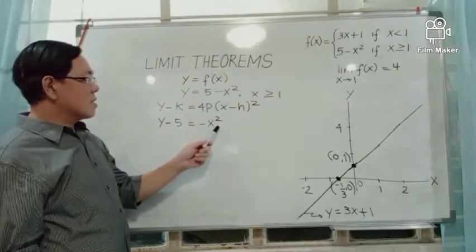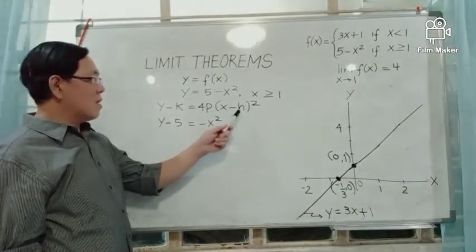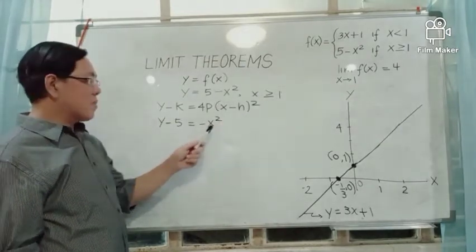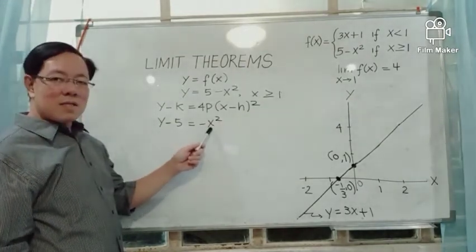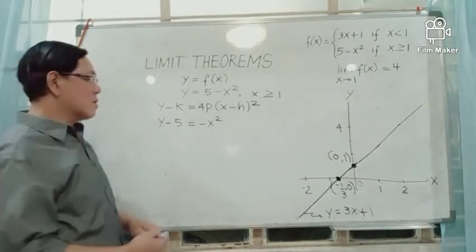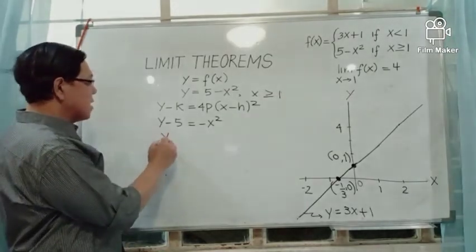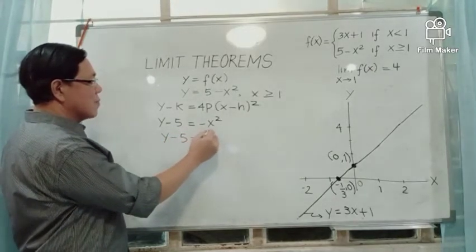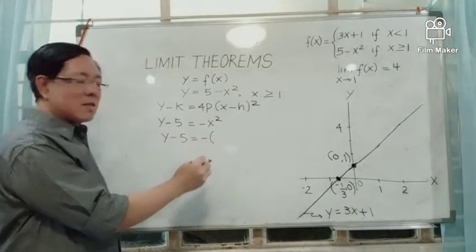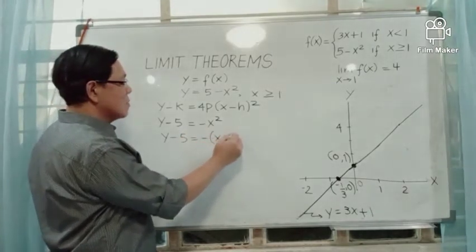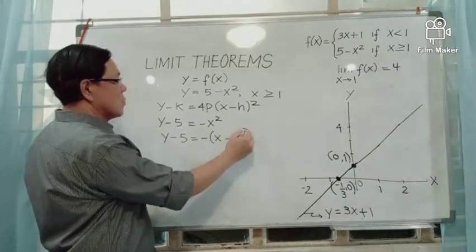But we cannot tell yet the value of h. But we can find the value of h by rewriting x as x minus 0. We have y minus 5 equals negative, open parenthesis, x minus 0, to the power 2.